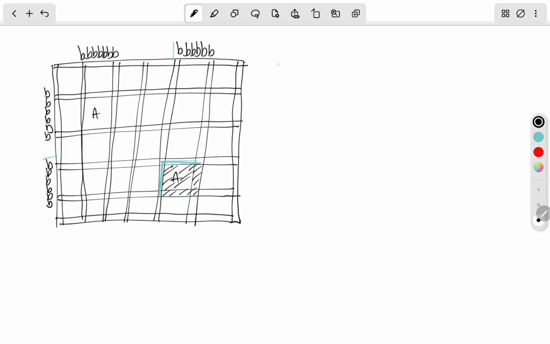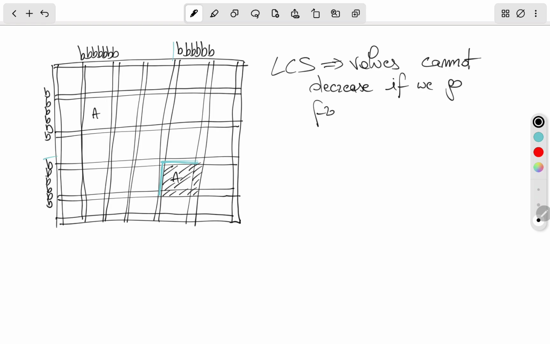LCS means that values cannot decrease if we go from left to right or from up to down.